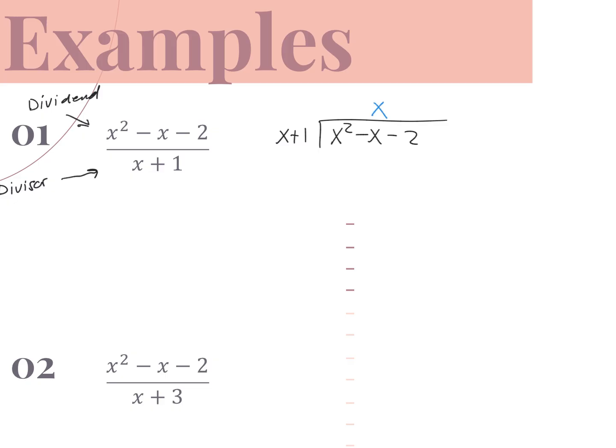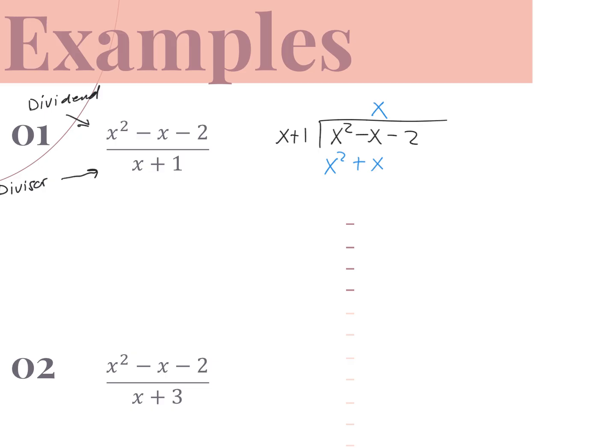If you're wondering how I got x, think about it like this. If I do x times x plus 1, that's going to get you x squared plus x. And that's how you get what I just wrote in blue. So it's x, this number up here, times this divisor right here, and that's going to get you this right here.